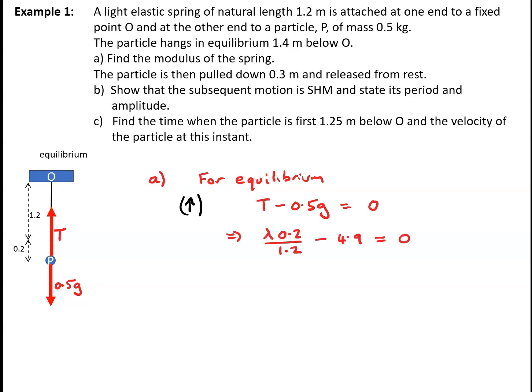Now we know from Hooke's law that the tension in a string or a spring is lambda times the extension divided by the natural length. So the tension is lambda times 0.2 divided by 1.2, and the tension minus 0.5 g has got to equal 0. So I've got lambda is 4.9 times 1.2 divided by 0.2, which is 29.4 newtons.